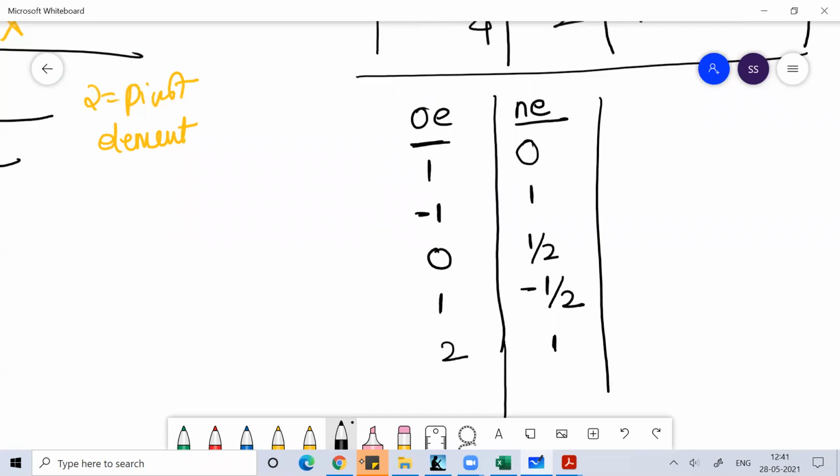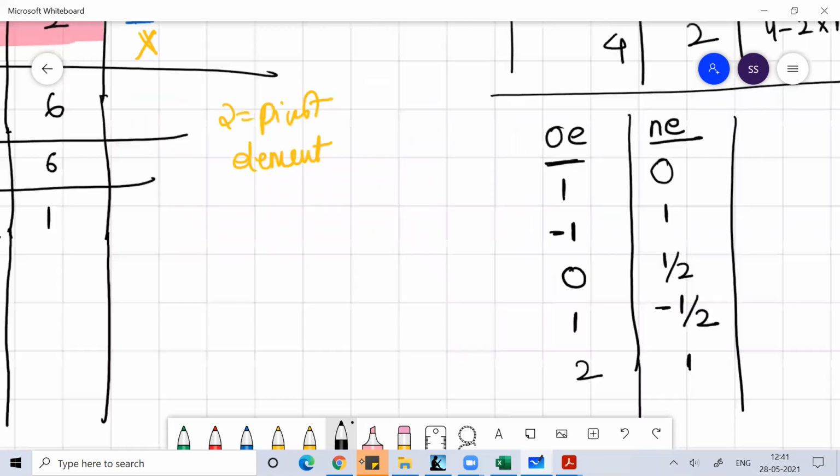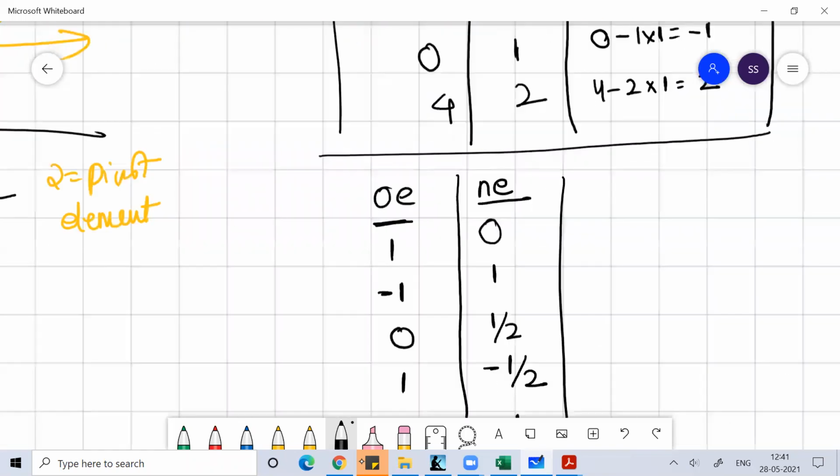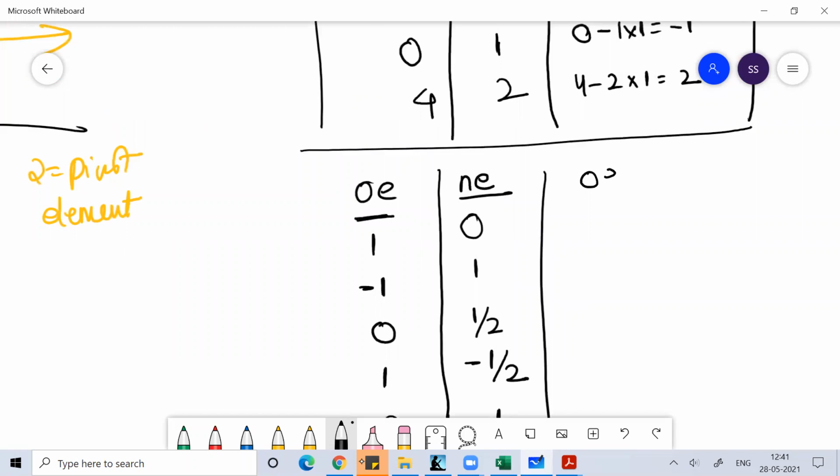So we call these the new elements, where the constant for them is -1. So you apply the formula: old element minus the constant, new element.